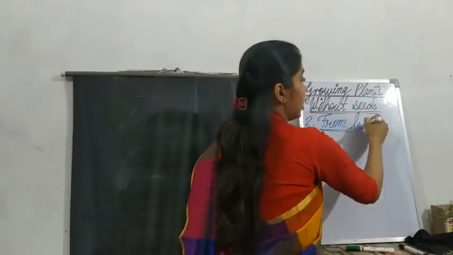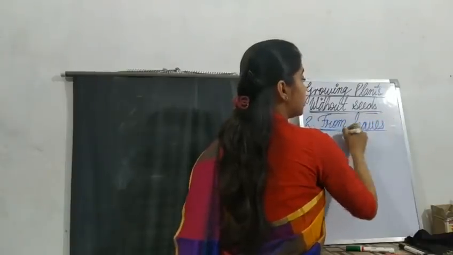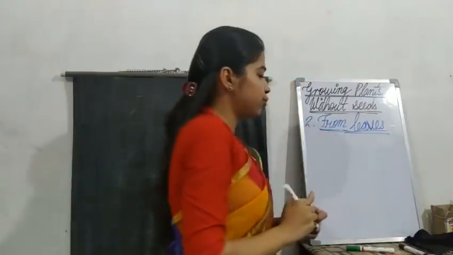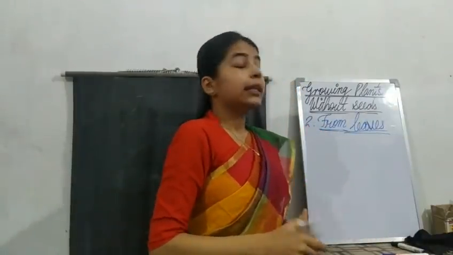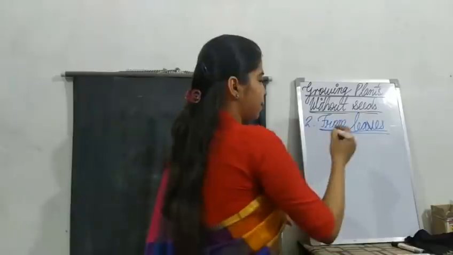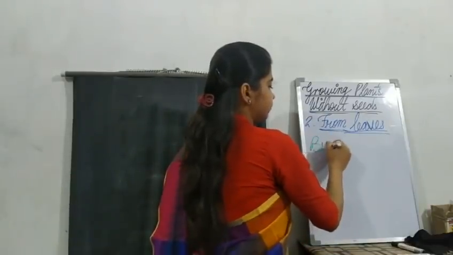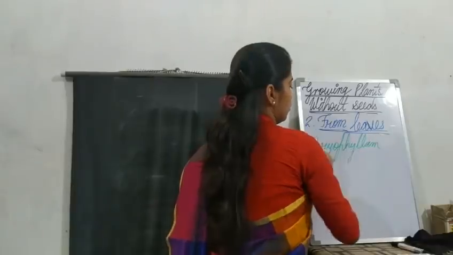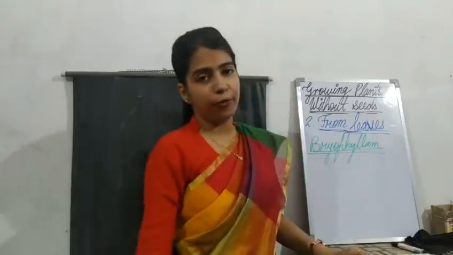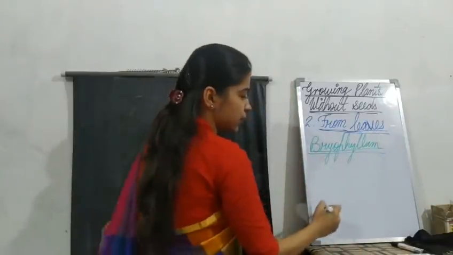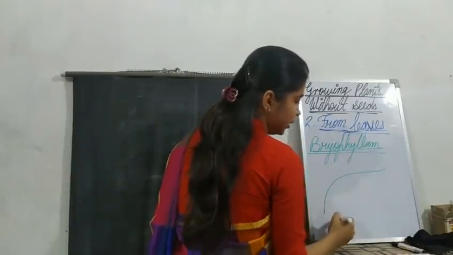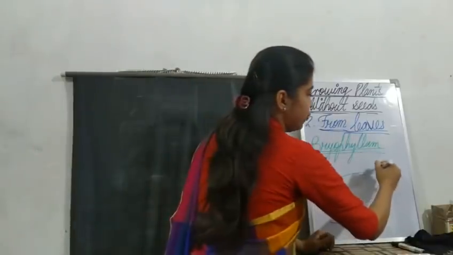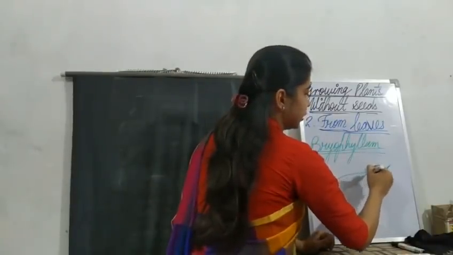You must be wondering how we can grow a new plant from just the leaves. So see students, there is a leaf called Bryophyllum, and the structure of the leaf is such that, suppose this is the leaf, on the edges you will get small bud-like structures like this.